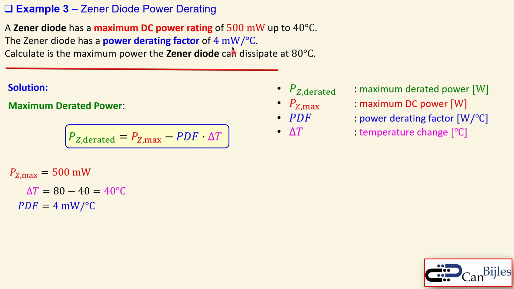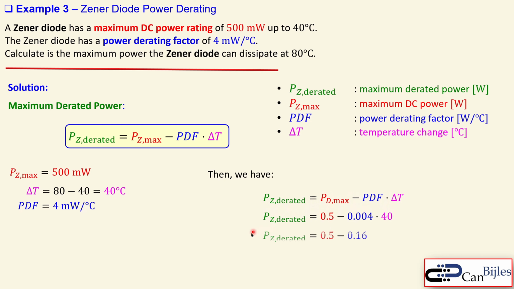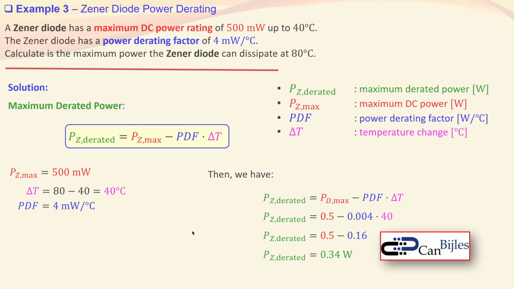And I have also the PDF, which is 4 milliwatts per degree, so 0.004 watts per degree. So the Zener diode derated power is given by this. If you work it out, you see you go down from 500 milliwatts by 160 milliwatts, which results in 0.34 or 340 milliwatts.